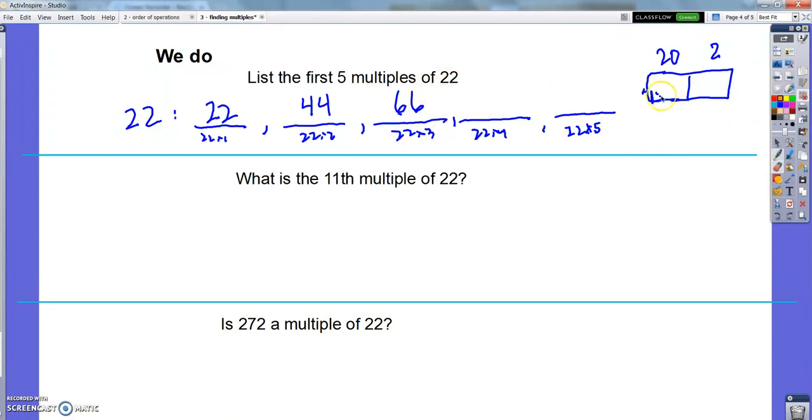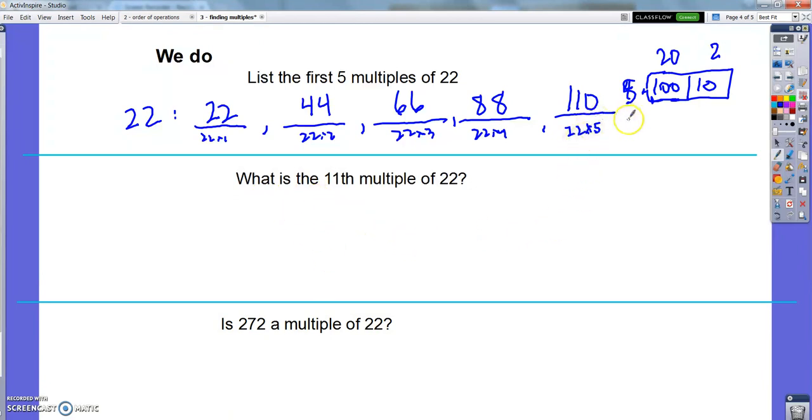If you'd rather just add 22, that's fine. And last but not least, 22 times 5 is 110. So those are the first 5 multiples of 22.